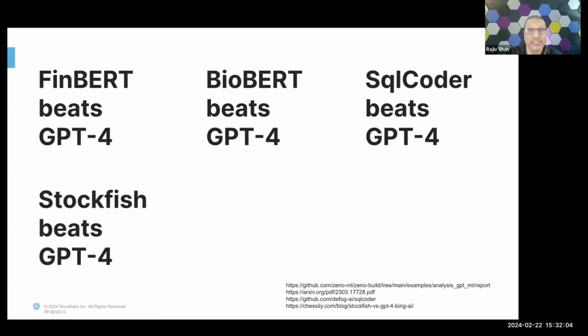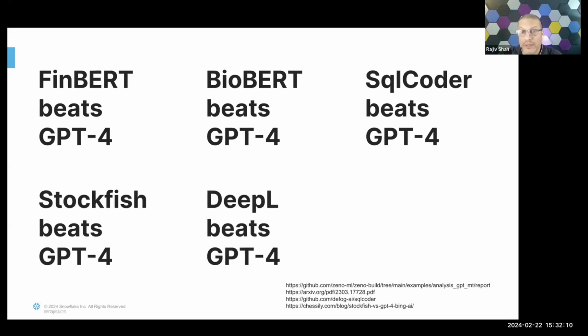If we look over at chess and chess planning, Stockfish, a chess application, beats GPT-4 in chess. DeepL does better translation than that. And in fact, in many cases, the specialist models will do better than a large language model like GPT-4.